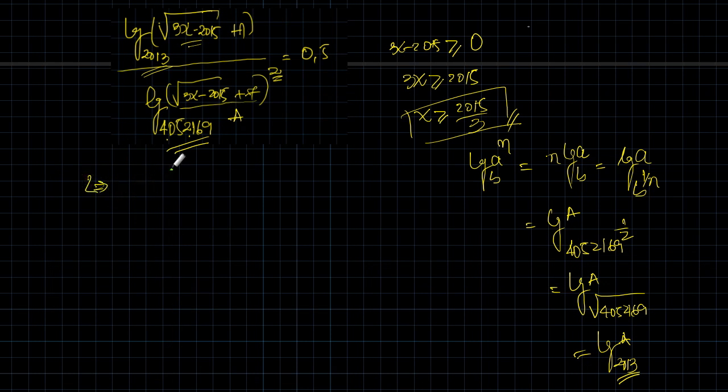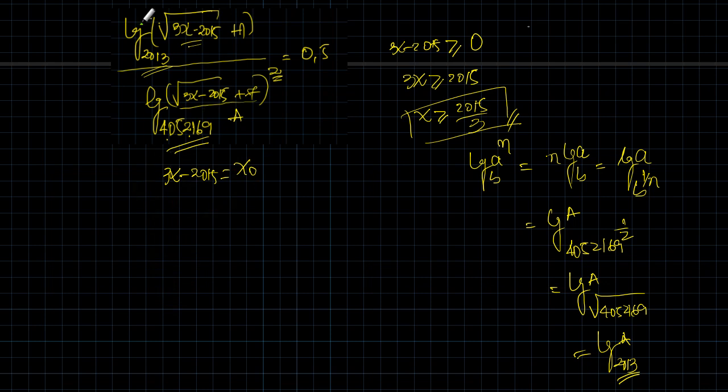So we have log of base 2013, and we have here 3x minus 2015. Let me do a substitution so we have it much simpler. Let me consider 3x minus 2015 equals x0, right?